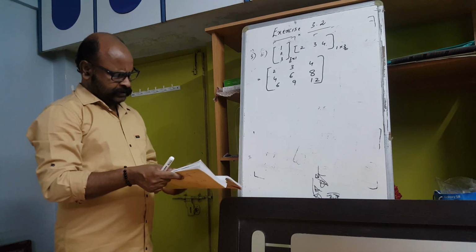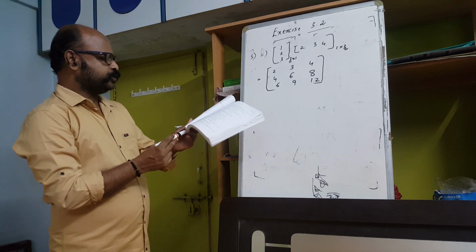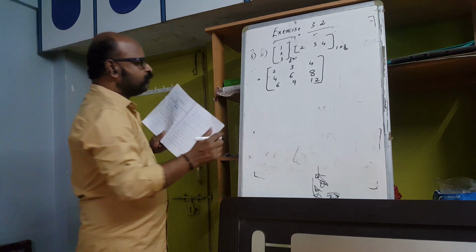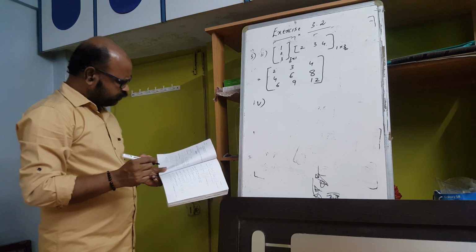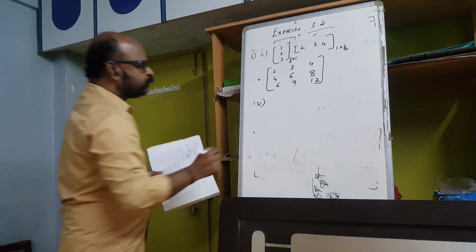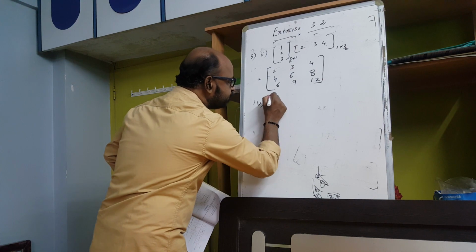Then we come to the fourth part of the question. In the fourth part, we have to obtain the product of two 3 by 3 matrices.